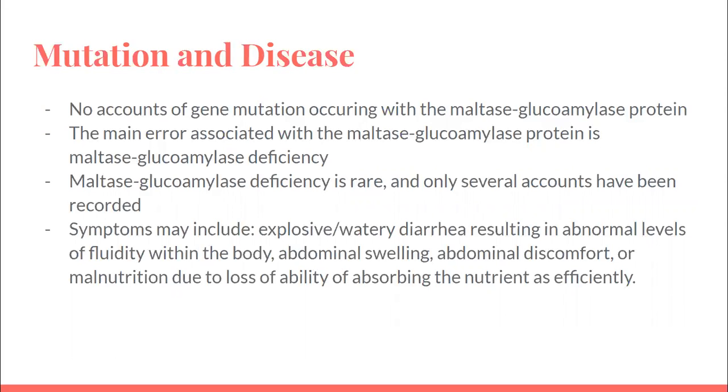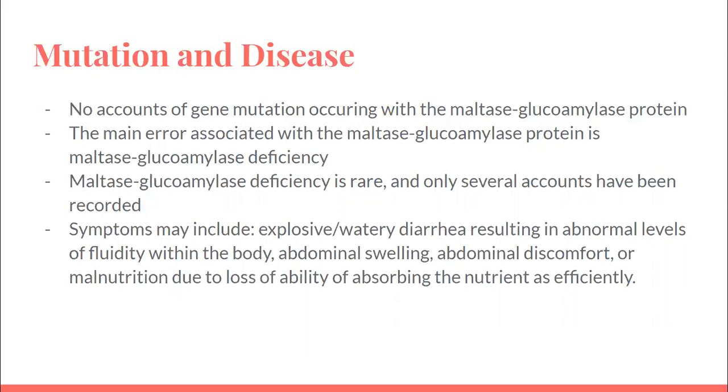This deficiency is actually very rare and only several accounts have ever been recorded. Symptoms are similar to those seen in CSID, which is a disease involving a protein that's similar to maltase-glucoamylase. And diagnosis requires a demonstration of reduced glucoamylase activity in the setting of normal small bowel histology.